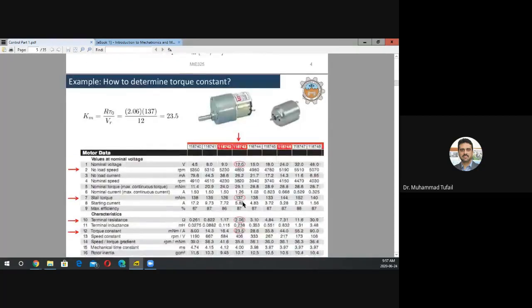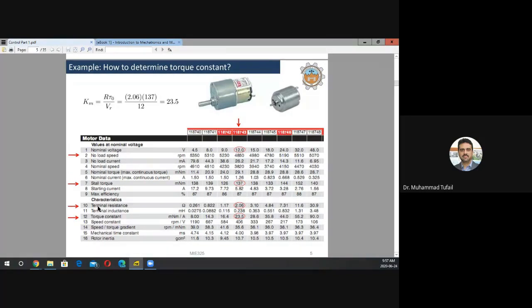It's in millinewton meter, 137 for this particular motor. Similarly, you can pick up the terminal resistance R. It's in ohm, for this particular motor it is 2.06. And then you can also look at the torque constant.